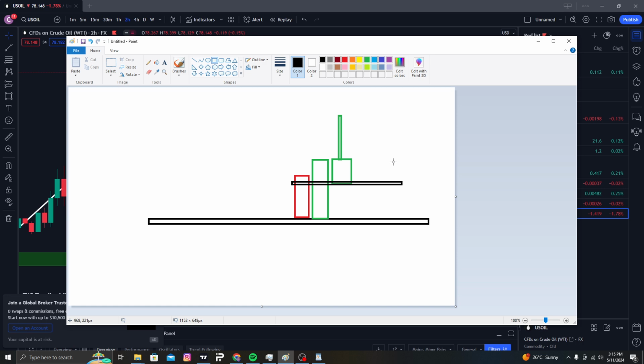Put that W on. It didn't close above it. When you're talking about it closing above it, it has to be something like this.